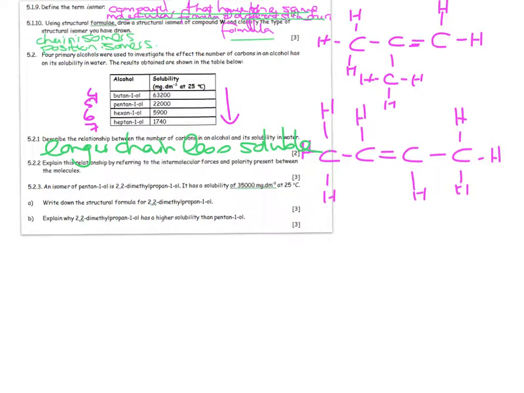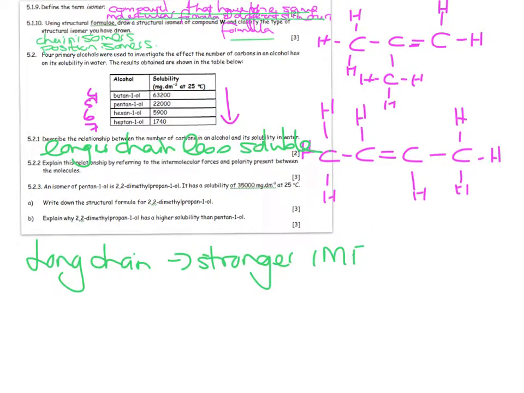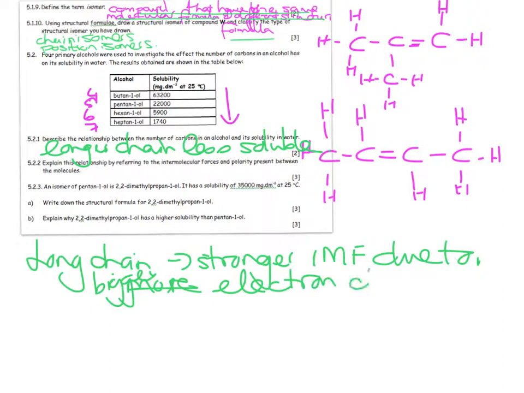Explain this by referring to intermolecular forces and the polarity present between the molecules. So, if there is a long chain, we have stronger IMF due to more electron cloud, or bigger, if you prefer, electron cloud, and greater electron cloud wobble.